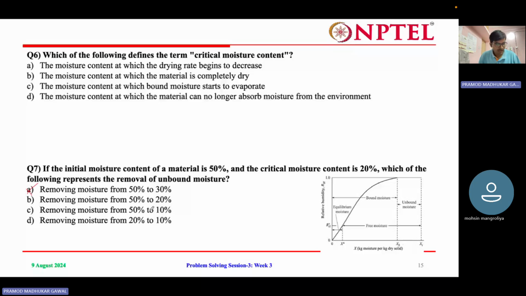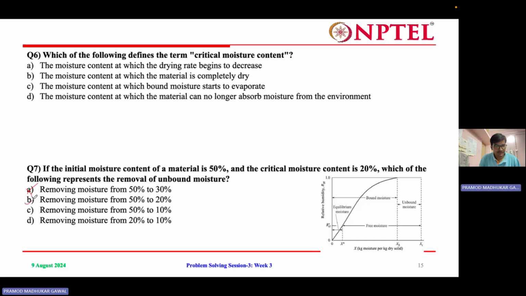This involves all the unbound moisture and reaches the critical moisture content. So this is the match. And option C, 50 to 10%: this is going beyond the critical moisture content. No. And option D, remove moisture from 20 to 10%: this involves only the bound moisture. So this is no. So option B is right. All of you got clear?